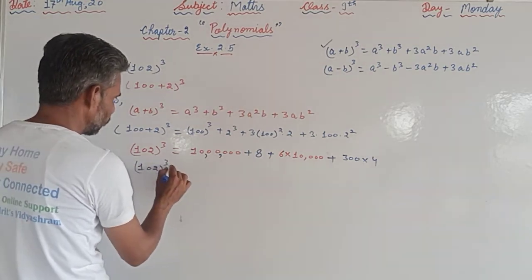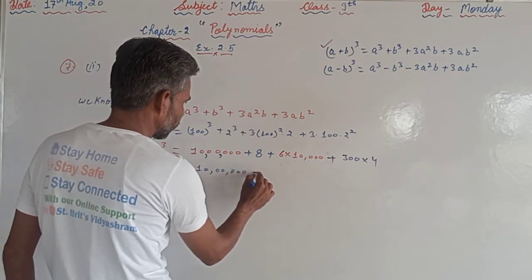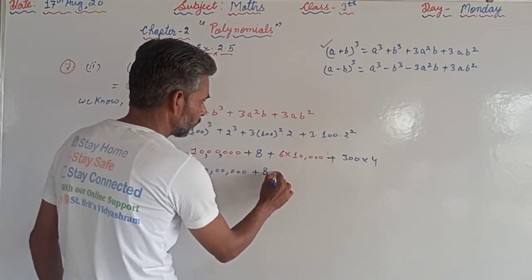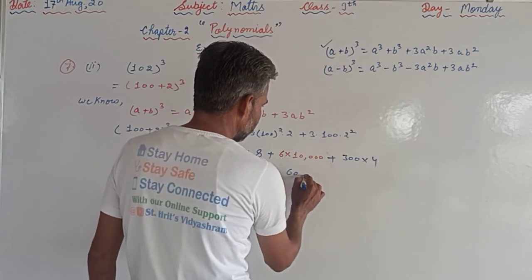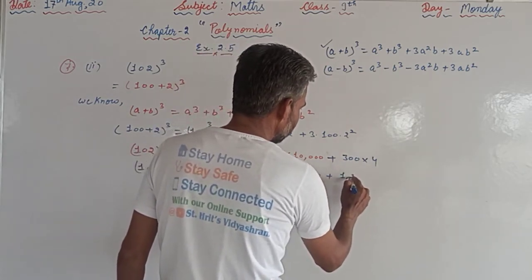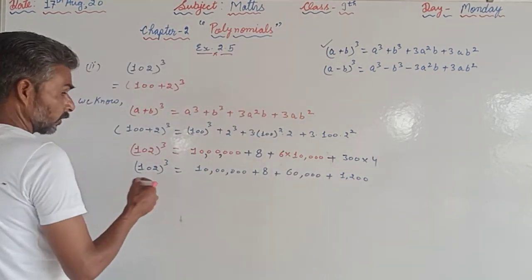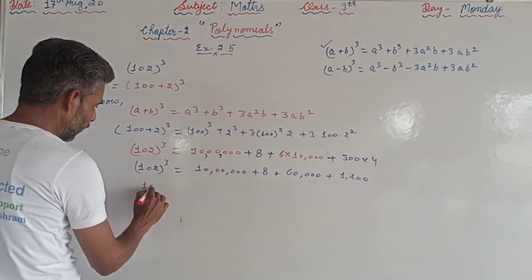So we will get here 102 cube is equal to 10 lakhs plus 8 plus 60,000 plus 3 into 4 is 12, 1,200. So all the quantities are in same sign, that is plus. So we will add them all.